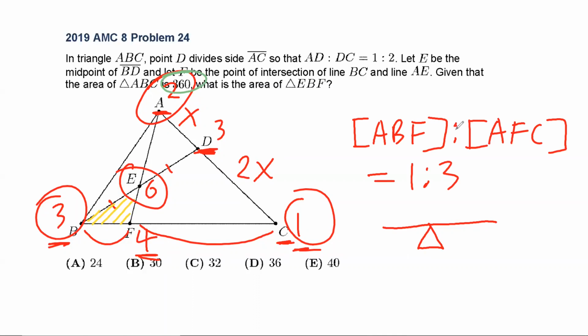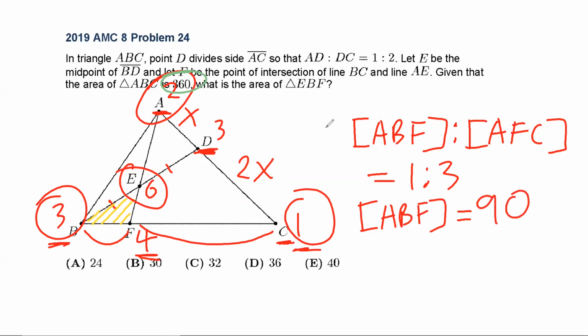So that means that in order for them to add up to 360, the area of triangle ABF must equal 90, and the area of triangle AFC should be equal to 270.